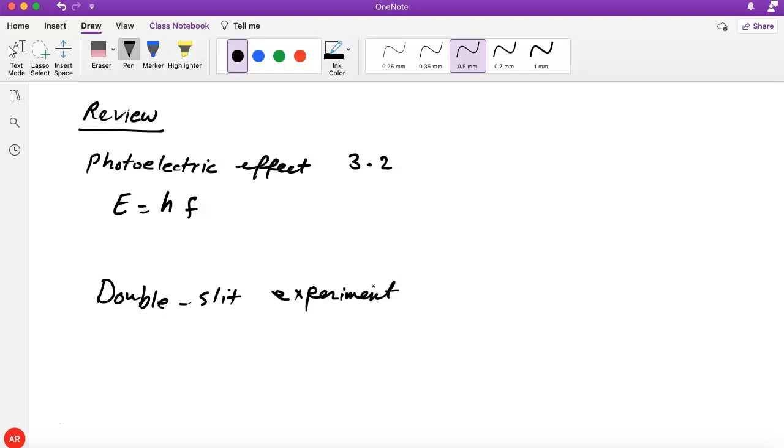So the way to explain it was that there's some probability distribution, and you have a higher probability for brighter regions.